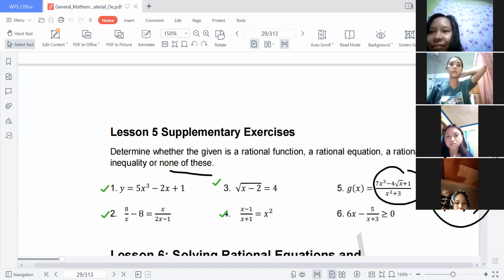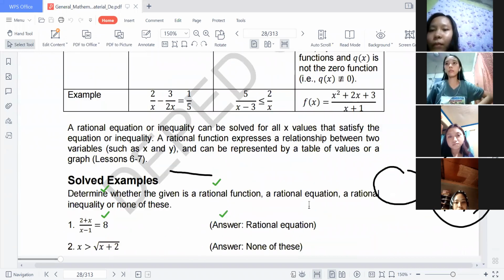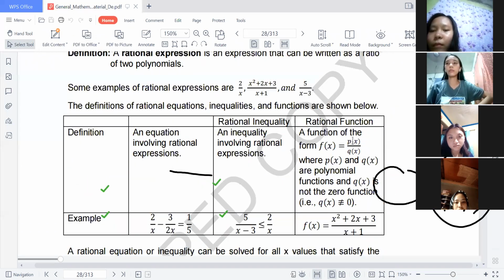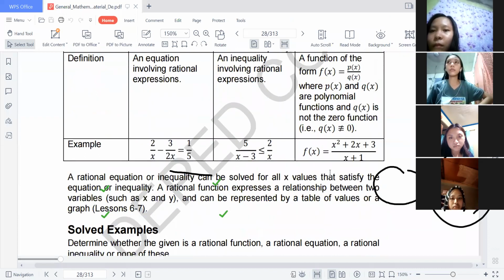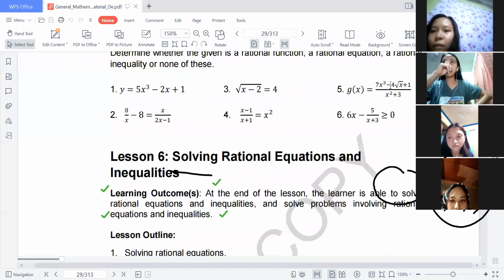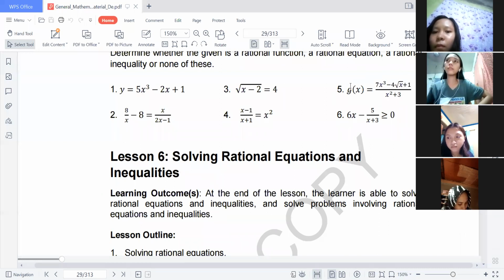Pero square root man eh. So it is not a polynomial. Remember, it was defined a while ago that it should be a polynomial in the numerator and a polynomial in the denominator. In this case, the numerator is not a polynomial, right? So this portion is not called a rational expression. So in this case, the answer is none of this.